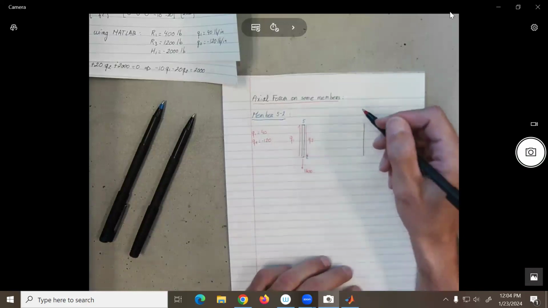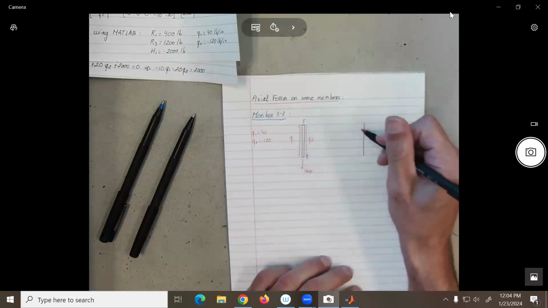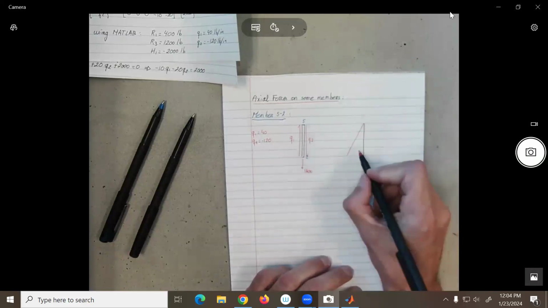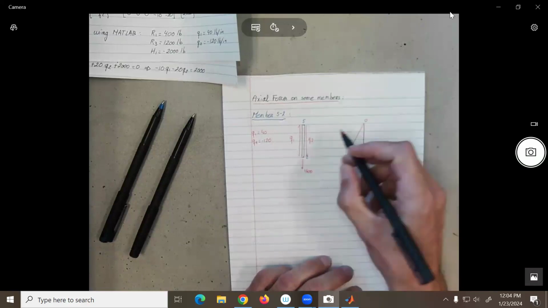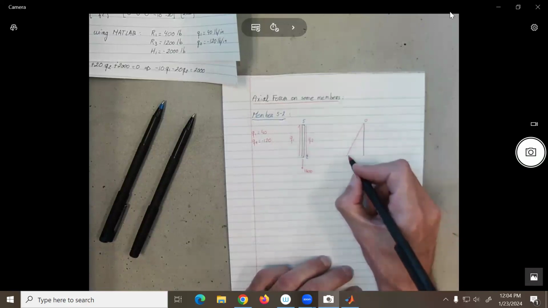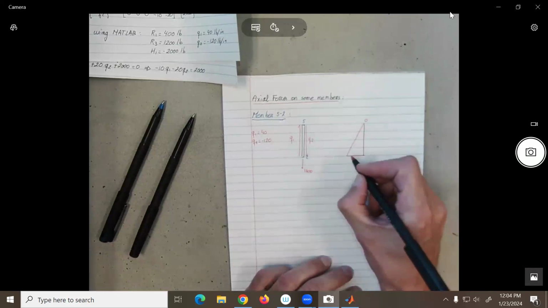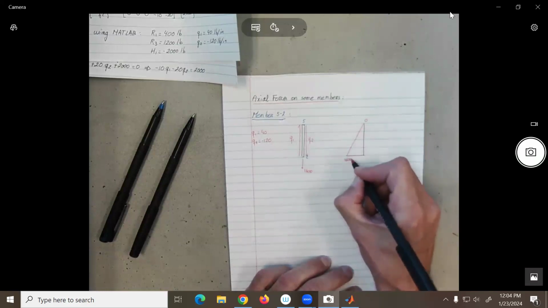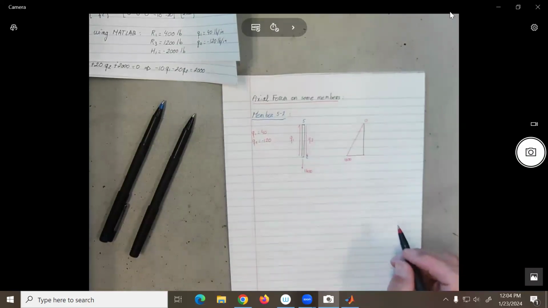Okay, so if I needed to do the load distribution, what would that be? What should be the load over here? 0. What should be the load at the tip? 1,600.